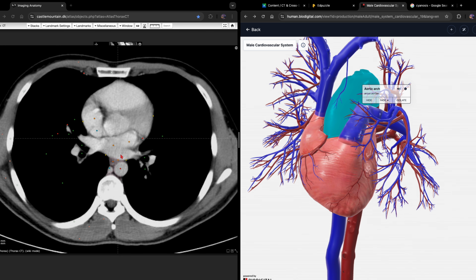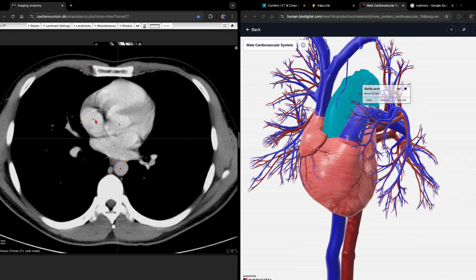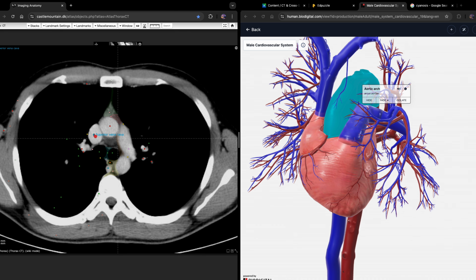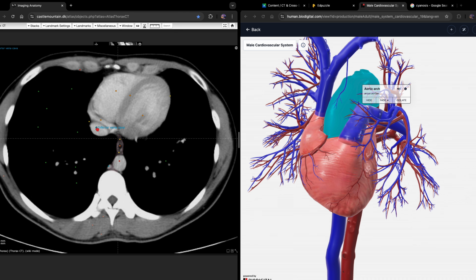These are the pulmonary veins that are dumping into the left atrium. Pulmonary veins are here. Over here is the right atrium. And that's receiving blood from the SVC and IVC. We can see the SVC here and the IVC here.